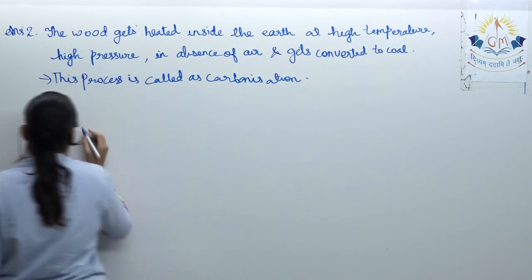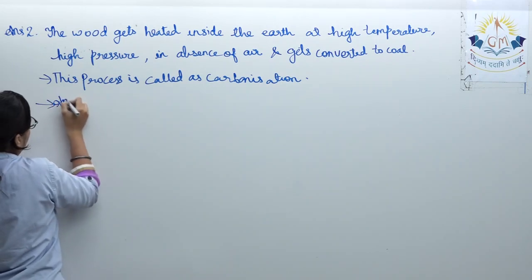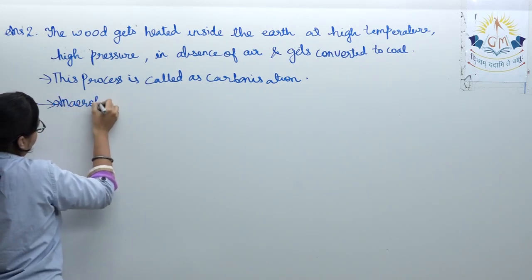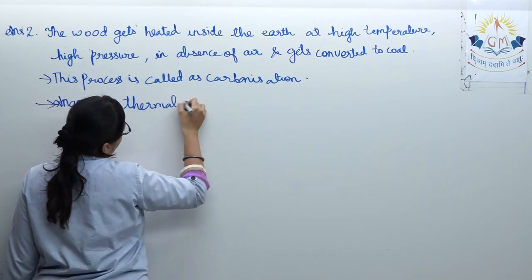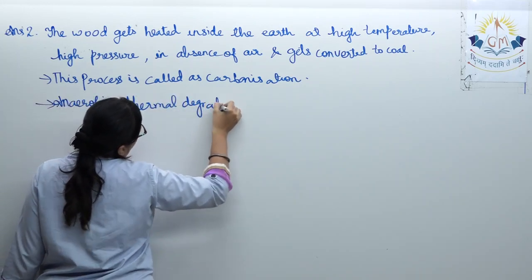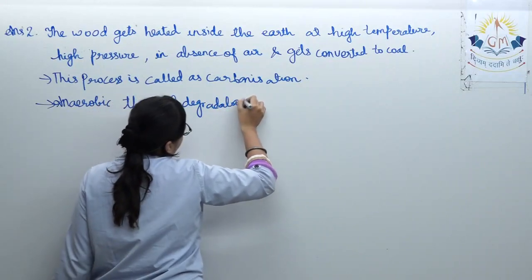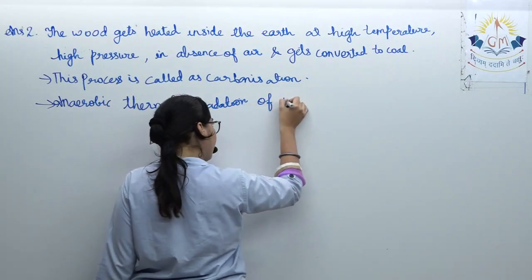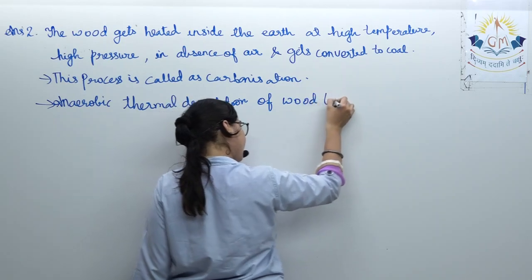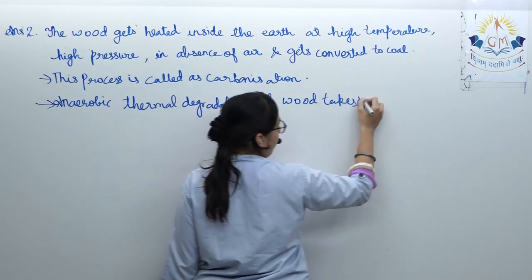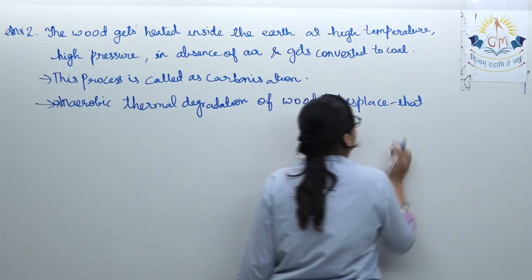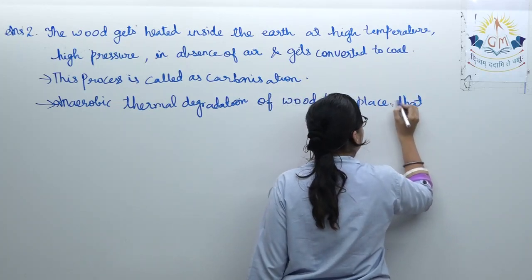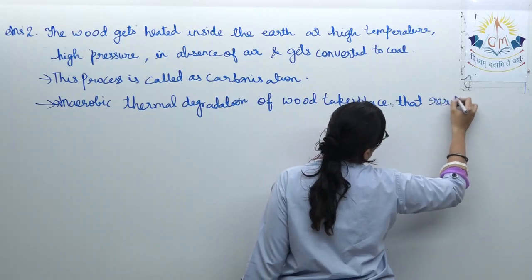That is anaerobic thermal degradation of wood that results in coal.